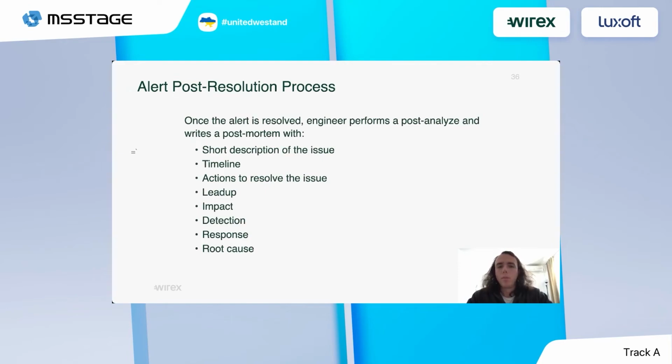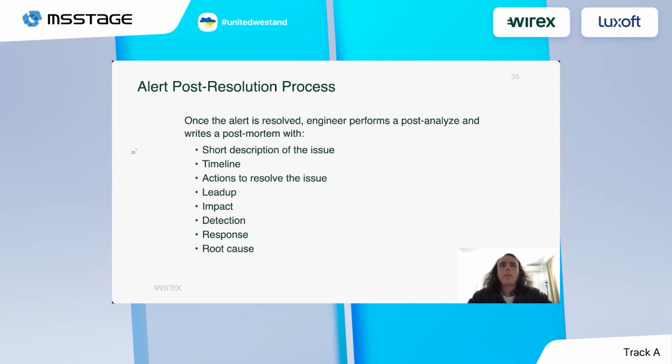This is a short, brief description of the timeline where the actual ideas were involved in the future for fix deployment. Lead up. This is the analyzed sequence of events that happened and caused the alert firing.